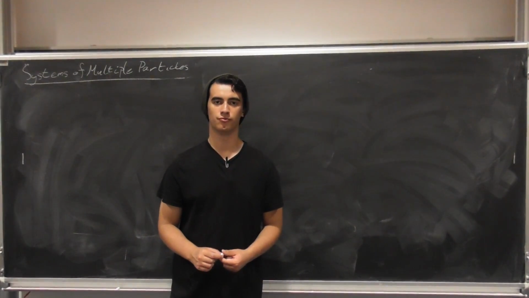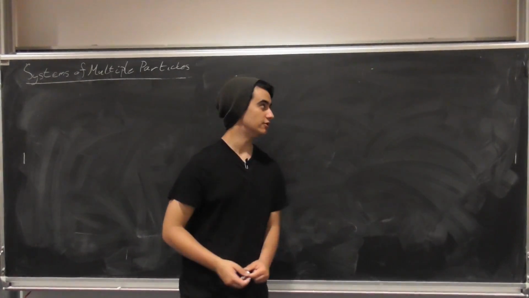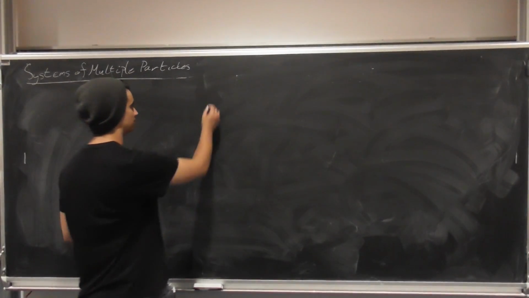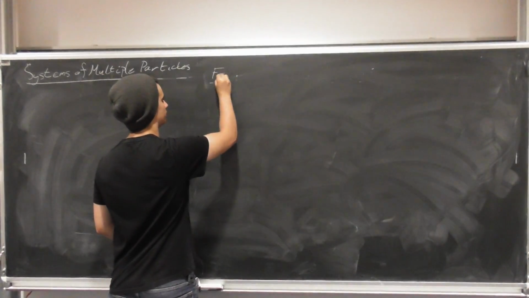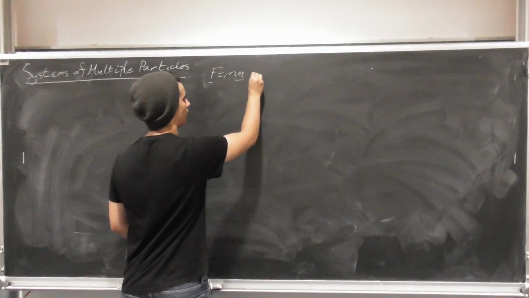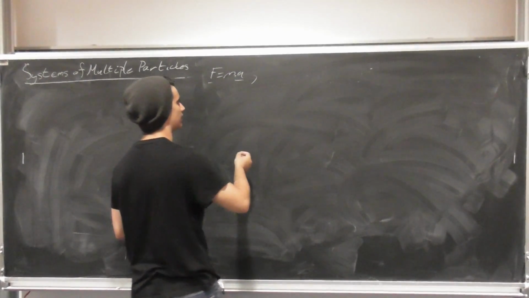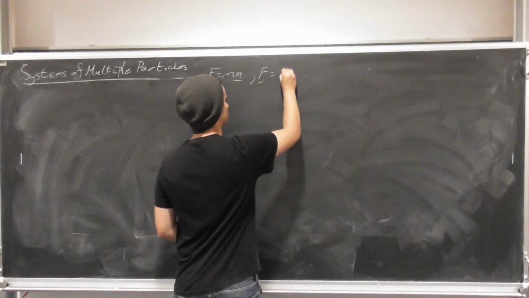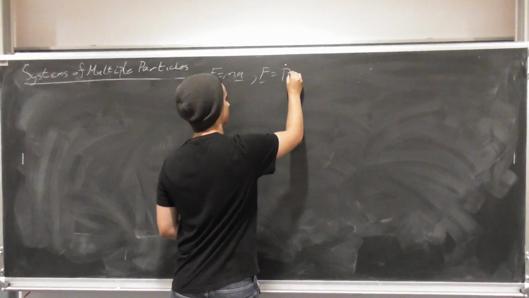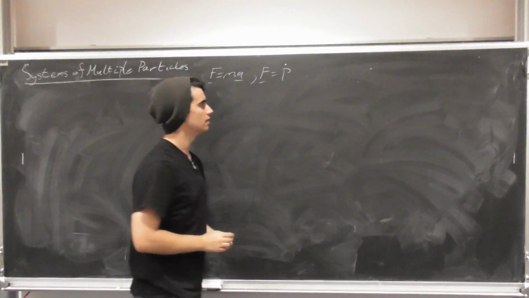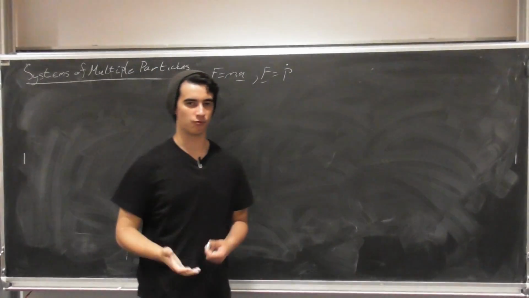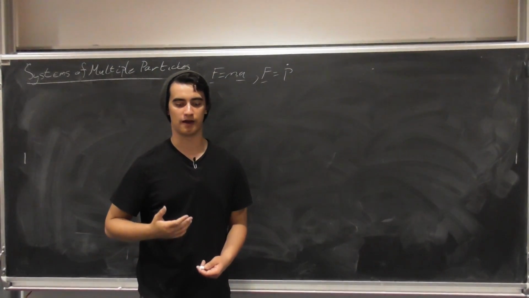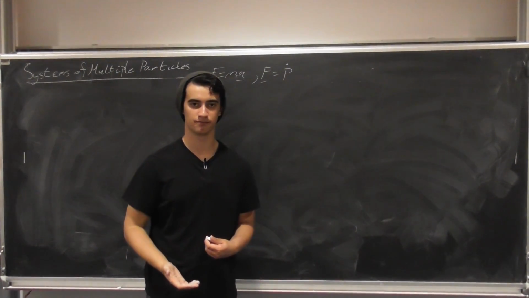Okay, so when we were talking about forces at the beginning, we said that we usually use the equation F equals ma, although Newton originally wrote it as the force being equal to the time derivative of the momentum. So we're going to have a look now at more of what we can use momentum for, and a thing called the phase space.